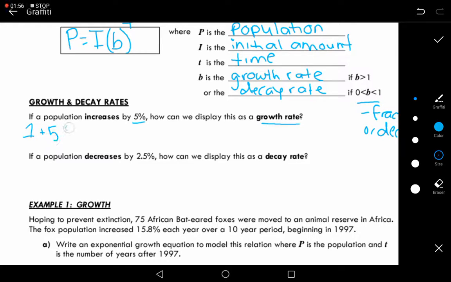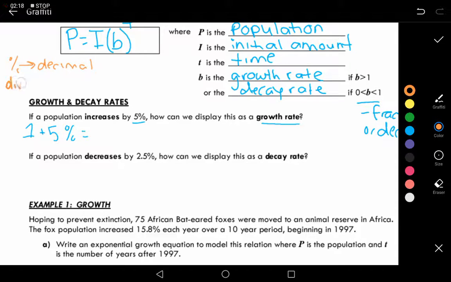So 1 plus 5%. But in order to add these two together, we need our percent to be a decimal. So to go from percent to a decimal, you divide by 100.